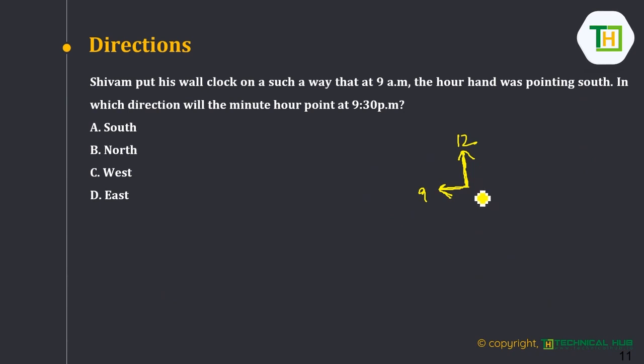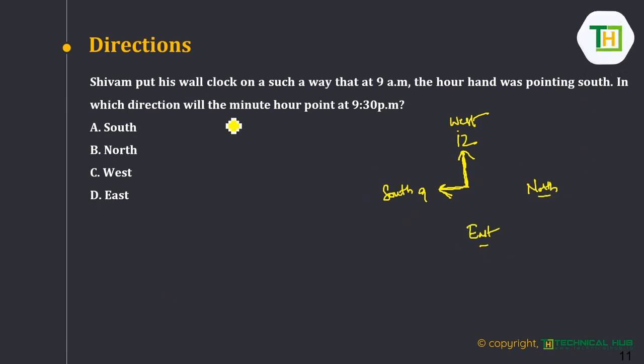Now they said the hour hand was pointing south. They said this is the south direction. If that is south, then this will be west, this is north, and this is east. Understand?